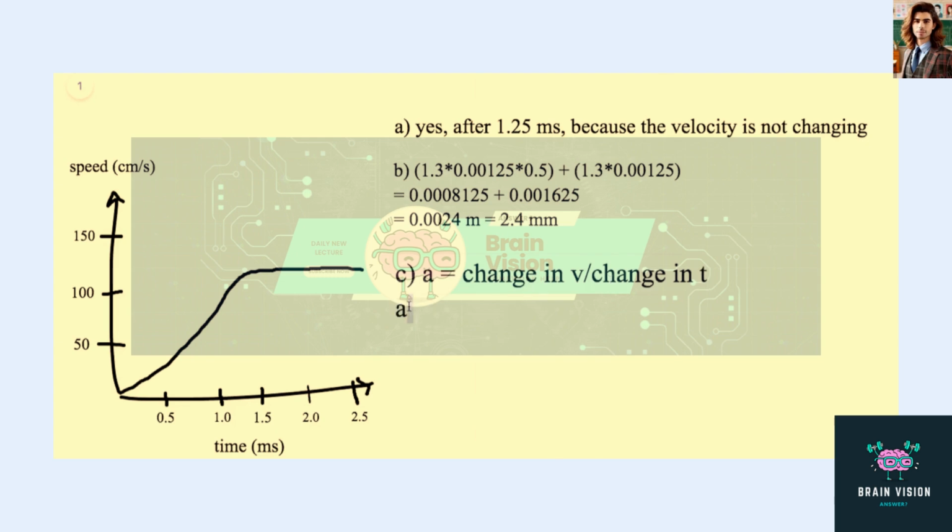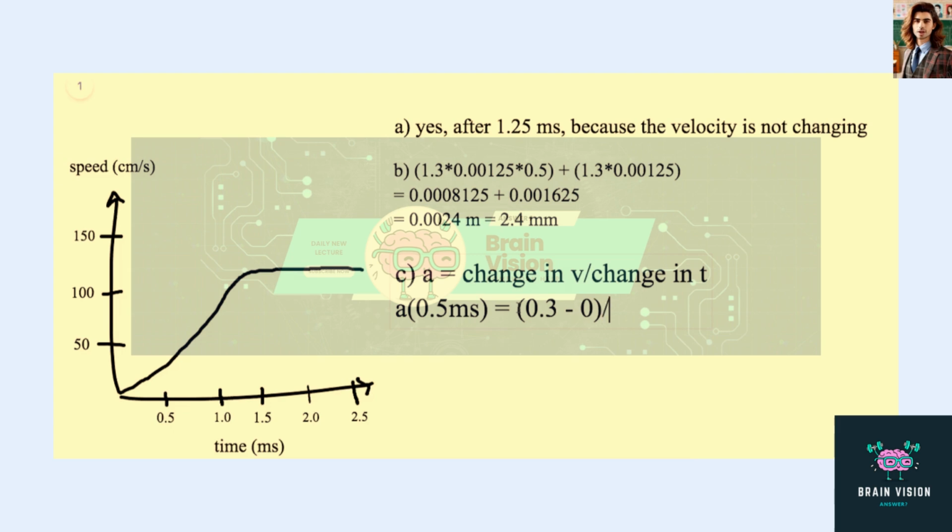Then the acceleration at 0.5 milliseconds is going to be equal to, actually, wait, it should be about 30 centimeters per second, which is 0.3 meters per second, minus 0 meters per second, that's the speed at the beginning.